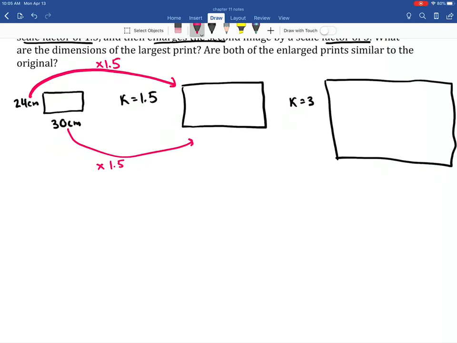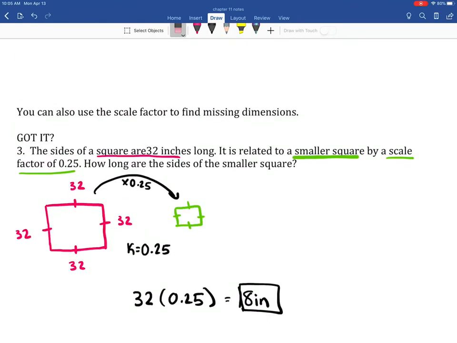You add those two together, 24 plus 12, and you get 36. And 30 times 1.5 is the same as 30 times 1, and then half of 30 is 15. Add them together, you get 45. So our second print is 36 by 45.